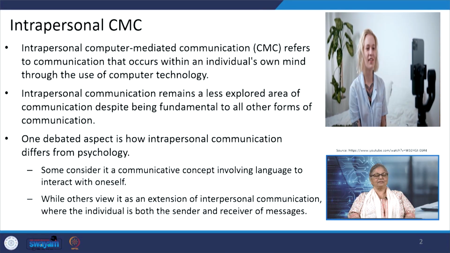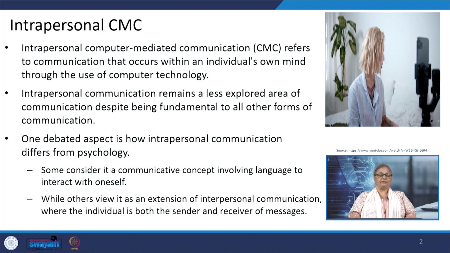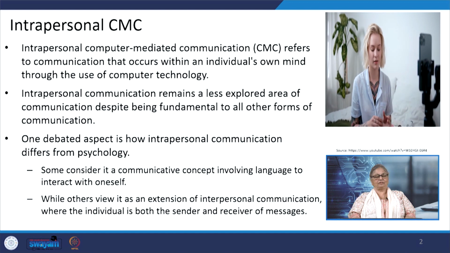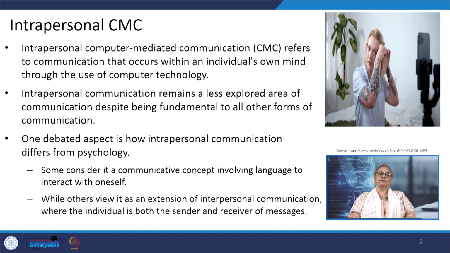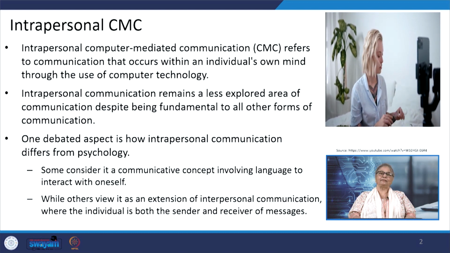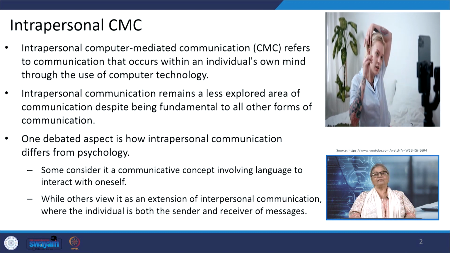Intrapersonal CMC refers to communication that occurs within an individual's own mind through the use of computer based technology. It remains a less explored area of communication despite being fundamental to all other forms of communication, digital or otherwise.